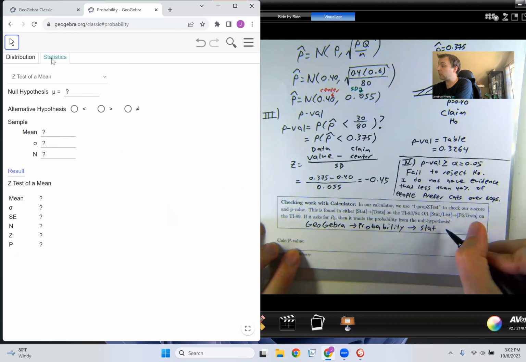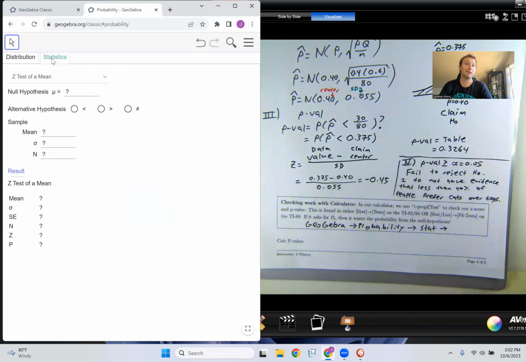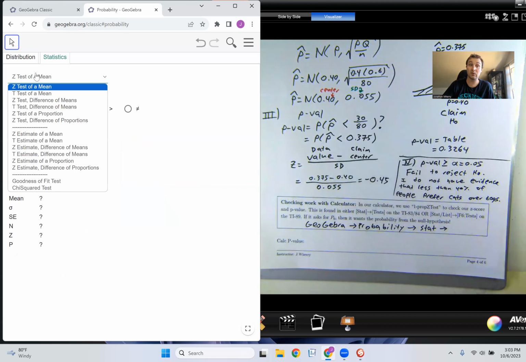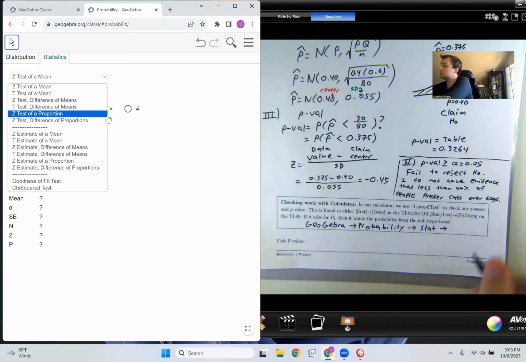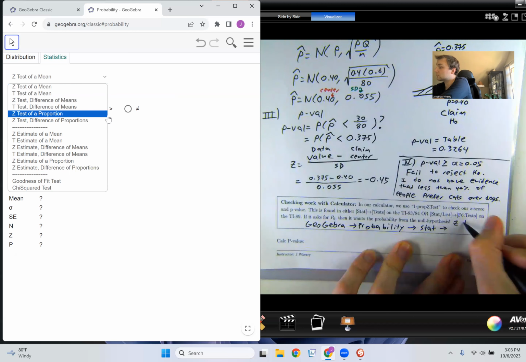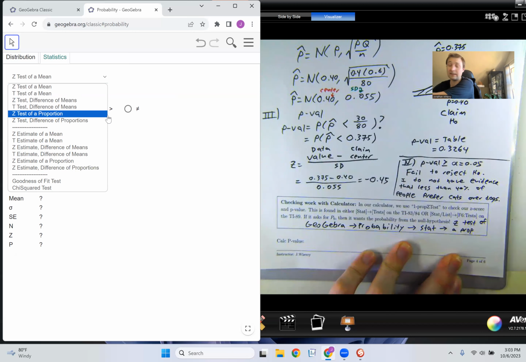And the name of the thing that we're doing right now is we're using z-scores and we're doing a test. So estimates are confidence intervals, tests are hypothesis tests. And we are looking at not means, but proportion. So z test of a proportion. If you wanted to do a confidence interval, that would be a z estimate of a proportion.